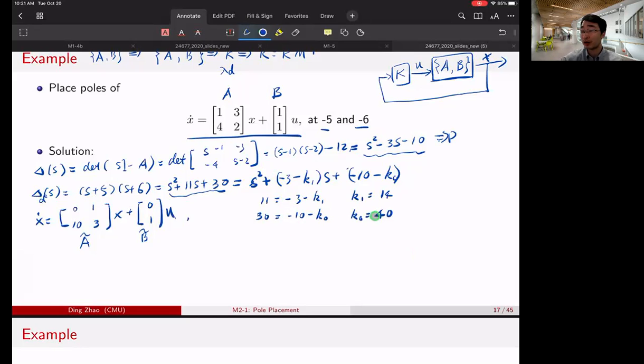Right, so this is our new K. We should have a tilde here because this is still working in the canonical form. So our K tilde equals K1 and K0, minus 40 and minus, let's see.